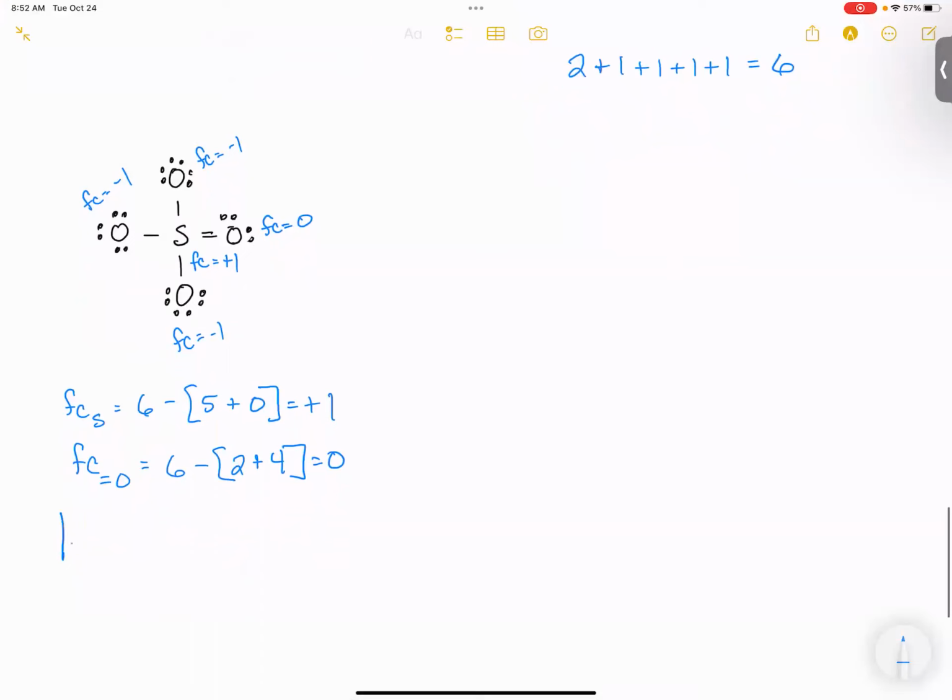So if we're looking at our absolute values of everybody, we now have a total formal charge of 4. We reduced it quite a bit, but it can be reduced further.